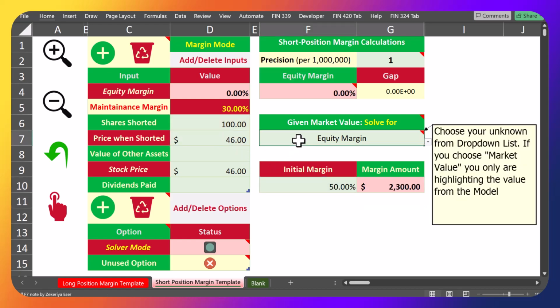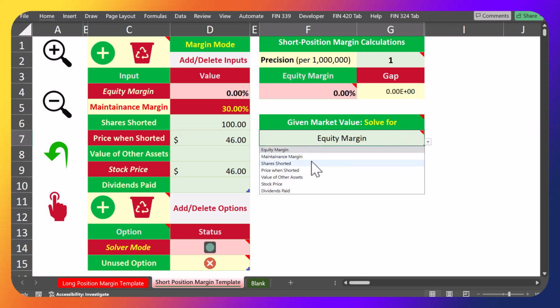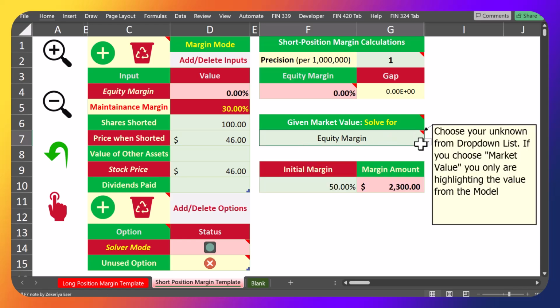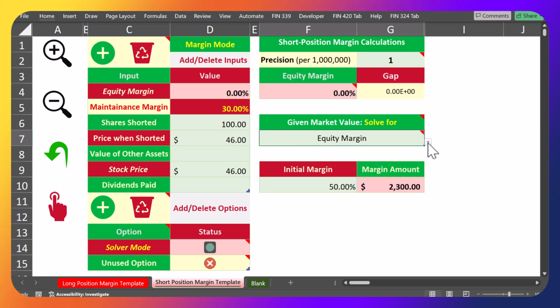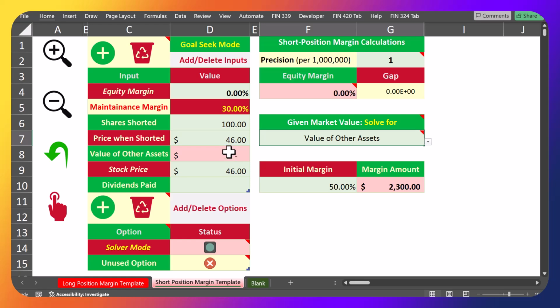Or we could get a little bit fancy, make our unknown the value of other assets, and we want to make the equity margin 50%, and that immediately tells you that you need to put in 2,300.